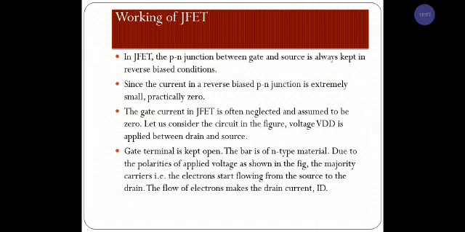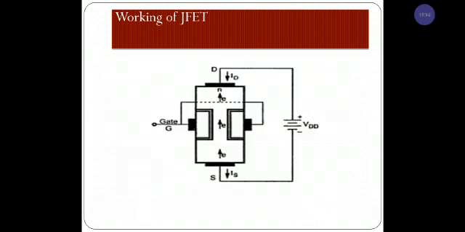Gate terminal is kept open so that the bar is of an N-type material. Due to the polarities of applied voltage, the majority carriers, that is the electrons, start flowing from source to drain, so that the flow of electrons makes the drain current ID.